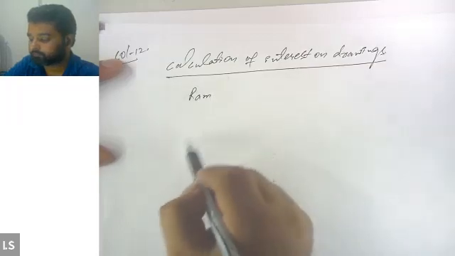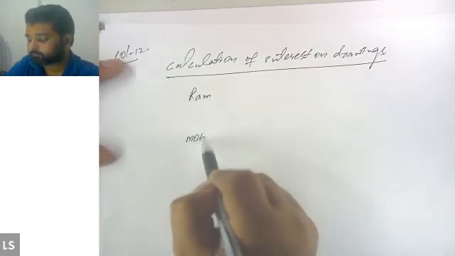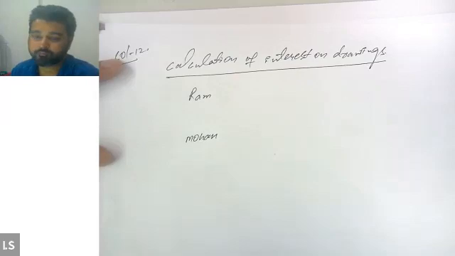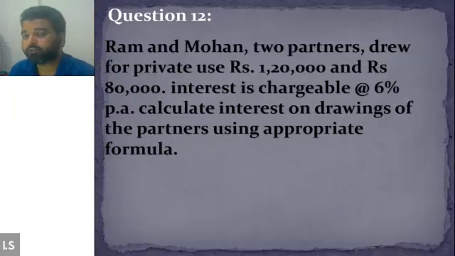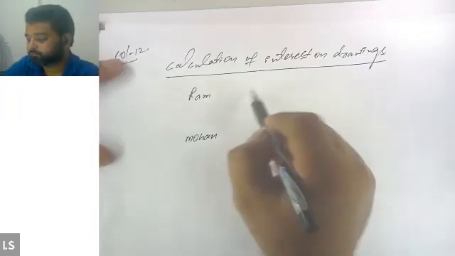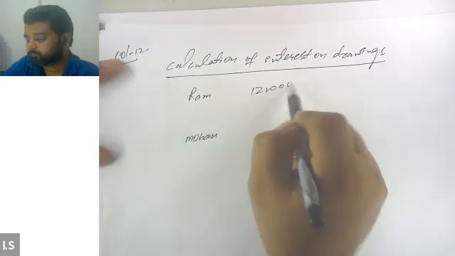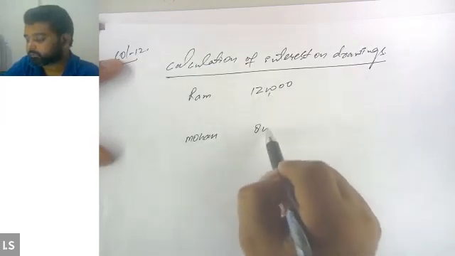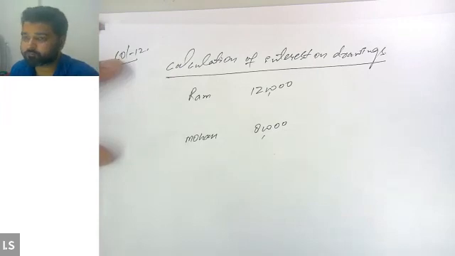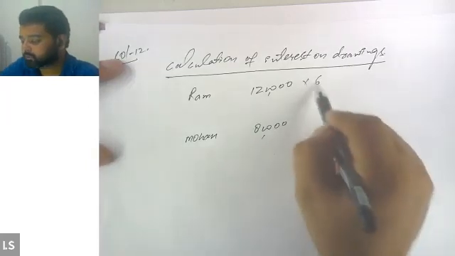Ram has withdrawn 1,20,000 and Mohan has withdrawn 80,000 respectively. Interest rate is already discussed between the partners, 6% per annum.